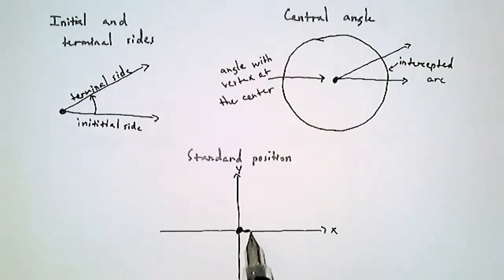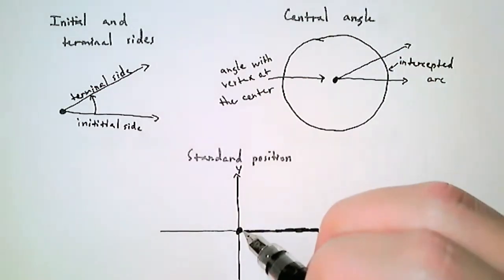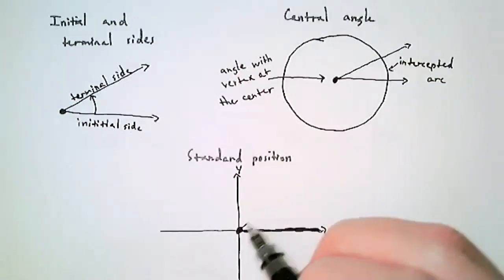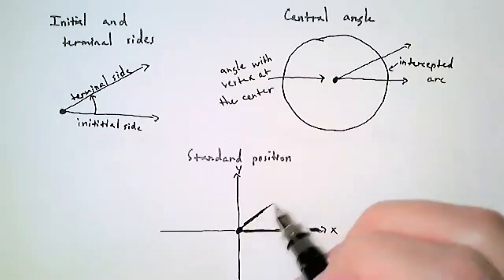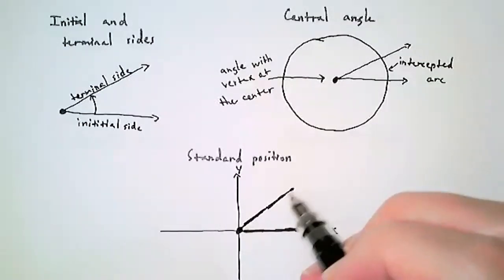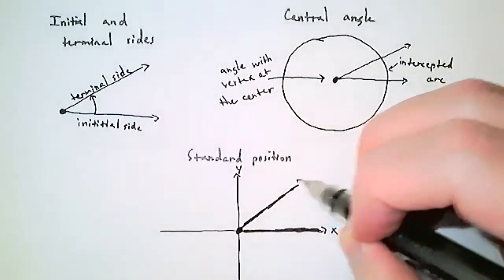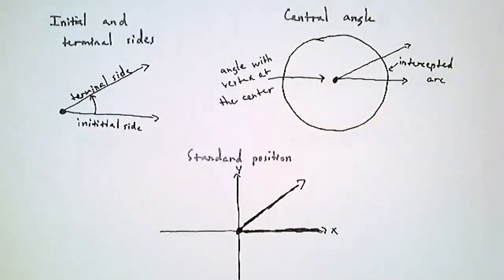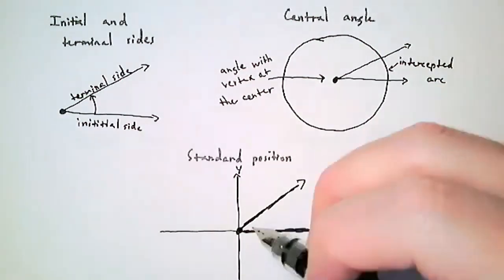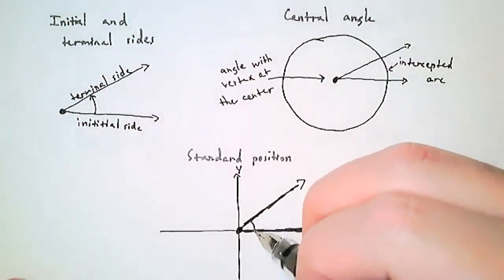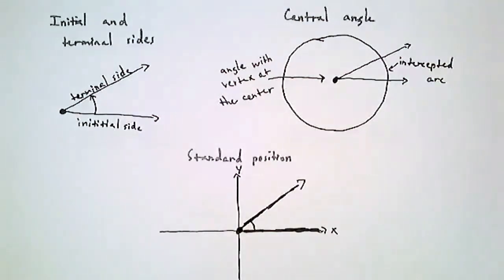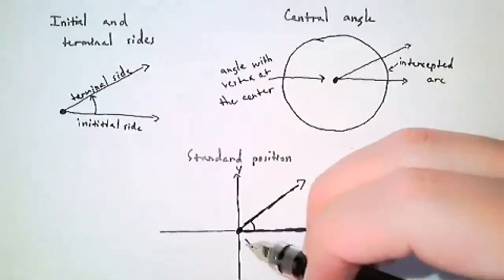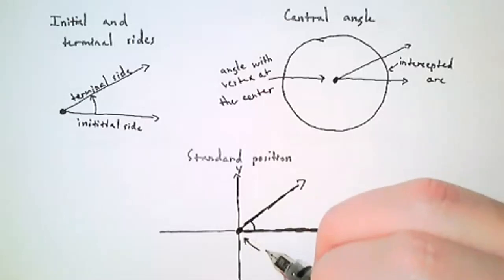So let me make this line a little bit thicker to show that one of our rays is pointing in this direction, along the x-axis, and we have another ray pointing off in another direction. So here we have the vertex at the origin.